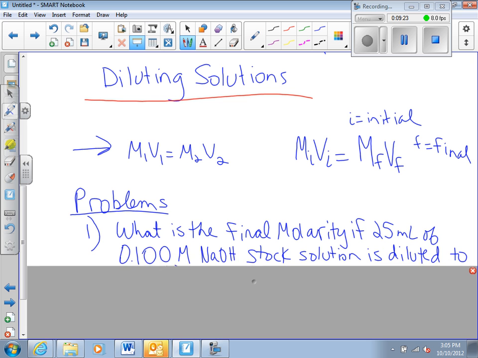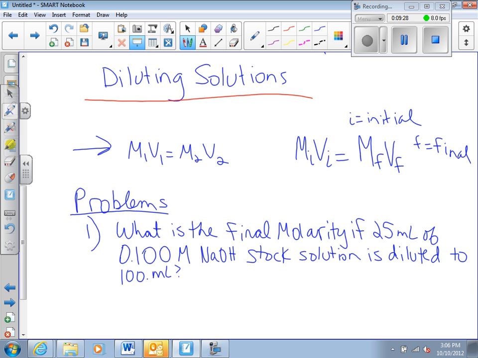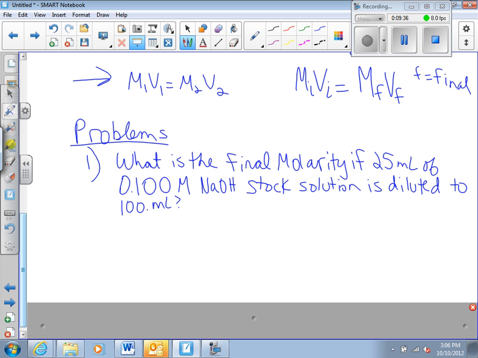Let's do a problem. What's the final molarity if 25 milliliters of 0.1 molar sodium hydroxide stock solution is diluted to 100 milliliters? So let's first identify all of our variables. I start with this. This is my initial volume. Right here is my initial molarity.